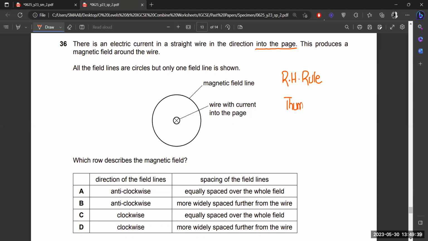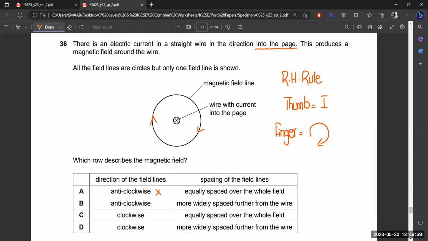Place your thumb towards the screen, which gives the current direction into the page, and your fingers will curl in this direction. That will be the direction of the magnetic field, a clockwise rotation.